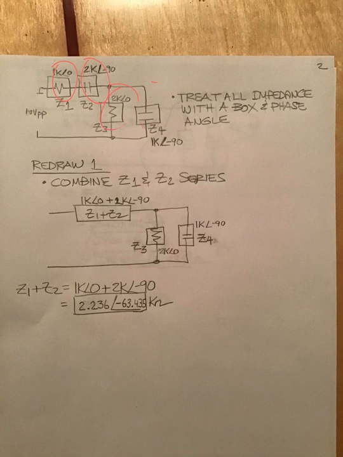And I recommend you try to solve your circuits like this yourself. I recommend you redraw lots of pictures. I recommend you use a lot of paper and you write everything down. This can be very confusing.